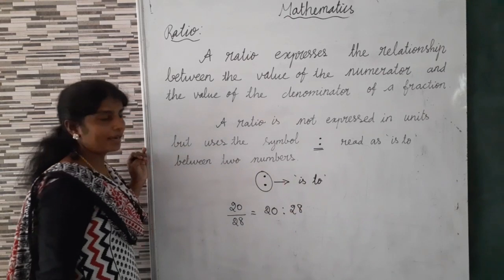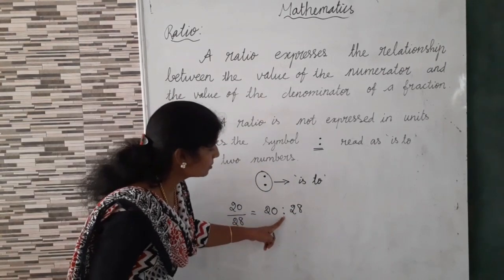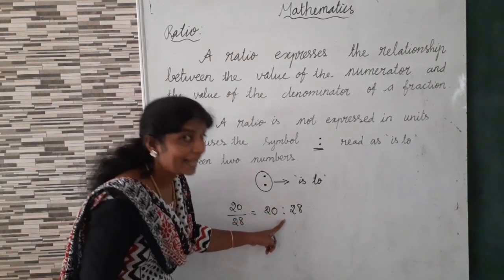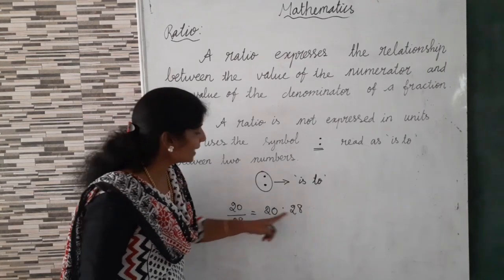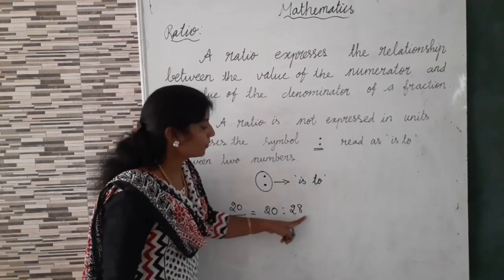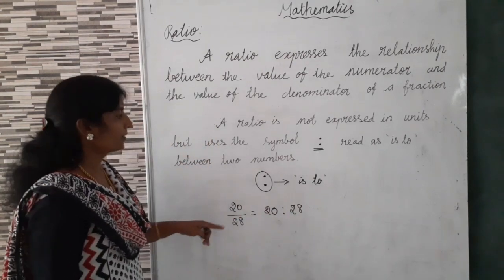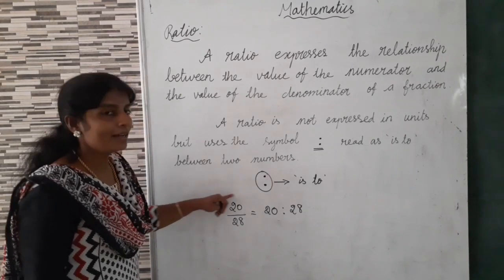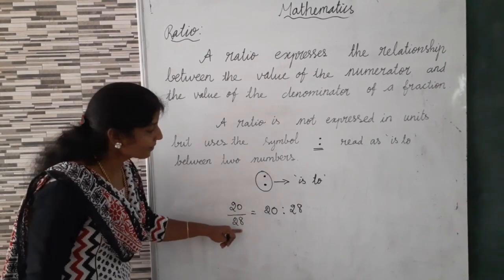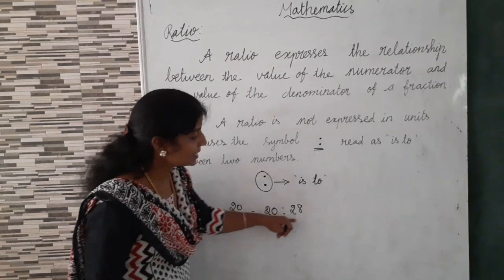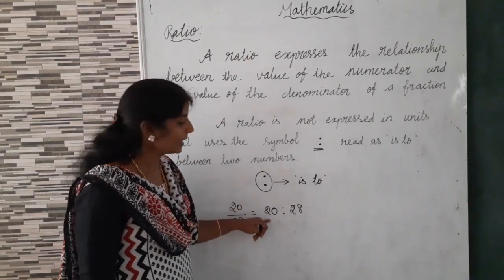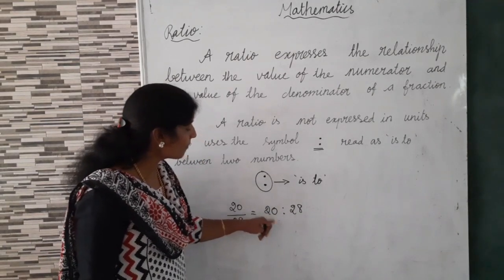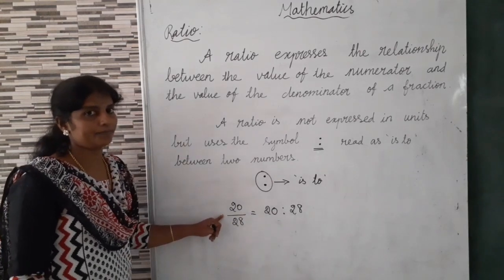What's the name of the symbol? 'Is to'. So we can read it as 20 is to 28. Okay. This is the fraction form. Now we can write the ratio form. Okay. This is the ratio form of this fraction.